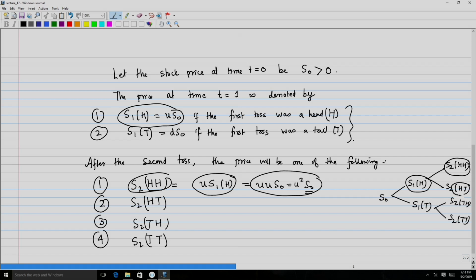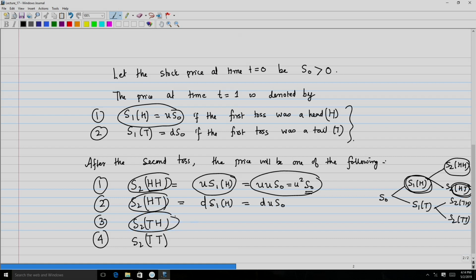Likewise, S2 of HT is a downward movement from S1 of H. So you had S1 of H and made a downward movement to arrive at S2 of HT. This is equal to d into S1 of H, which is d into u S naught.